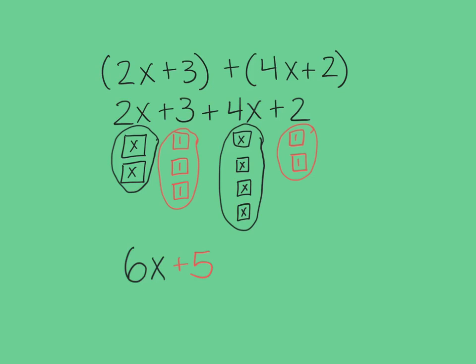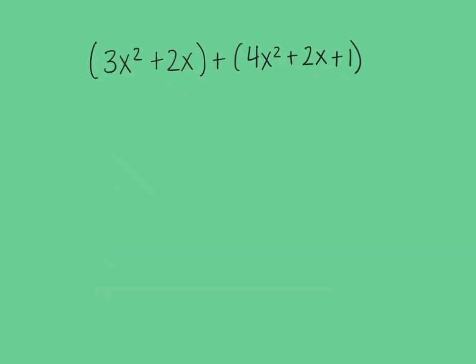So that is how I combine all of these like terms together here using algebra tiles. Added up, this equals 6x plus 5. I'm adding the terms that are in common to make one simplified form of this expression.